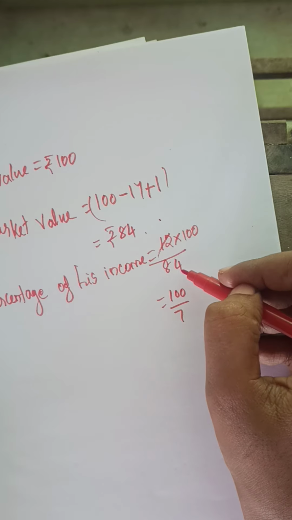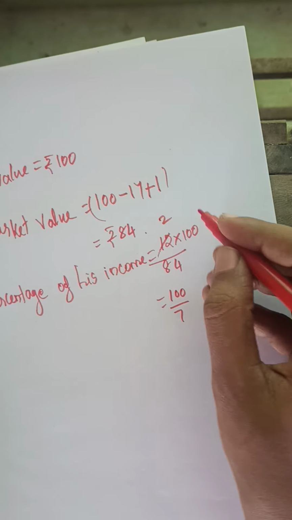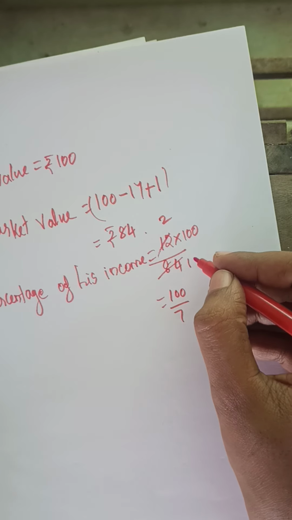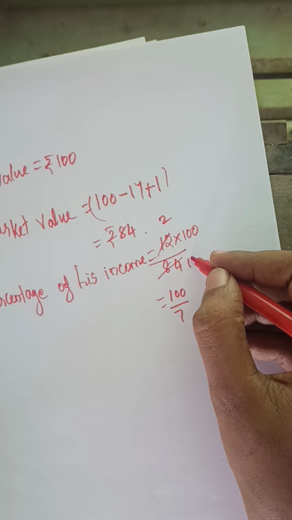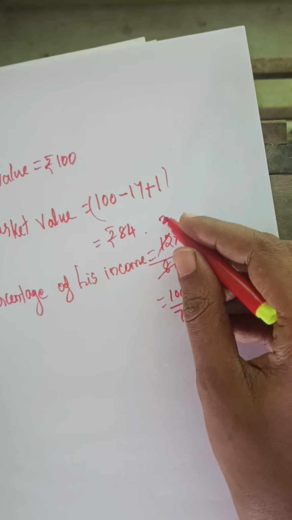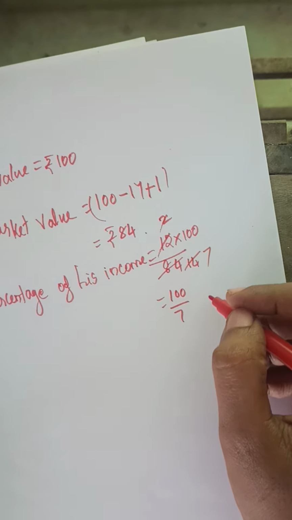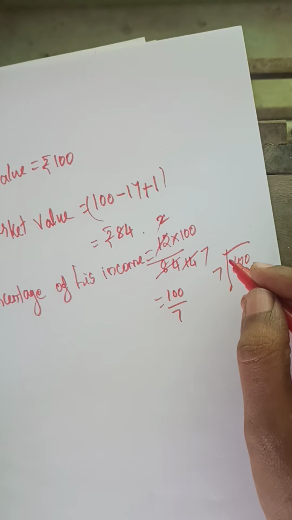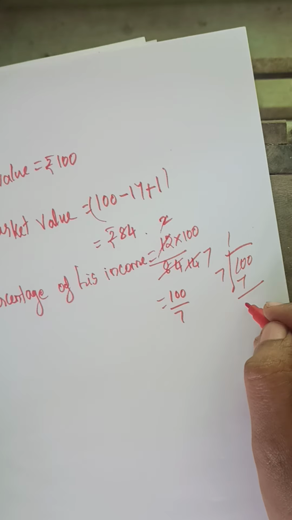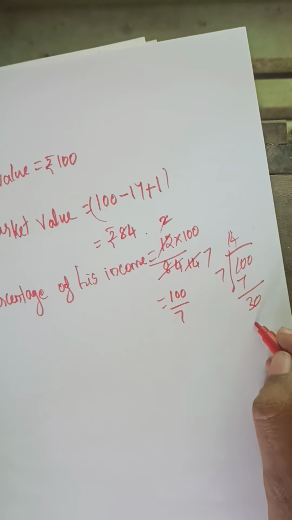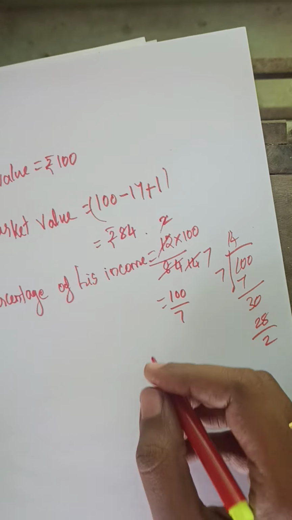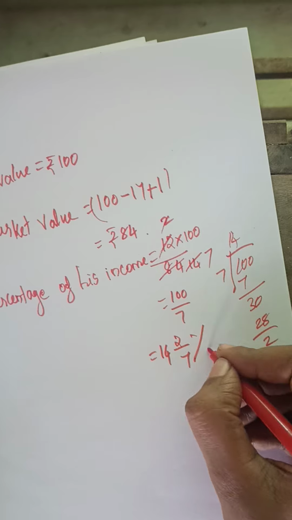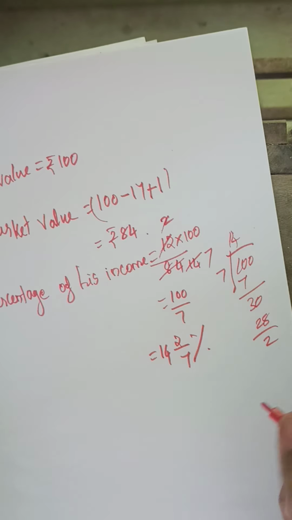Sixth table, so 2, 1, 24 minutes, 4 times 7. So 100 by 7. If you do 100 by 7, how many times? 1 time is 7, 3 balance 30, 4, 28, that is 2. So how will you write in the mixed fraction? 14 2 by 7%. This is the answer, percentage of income.